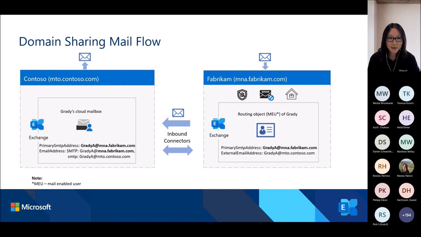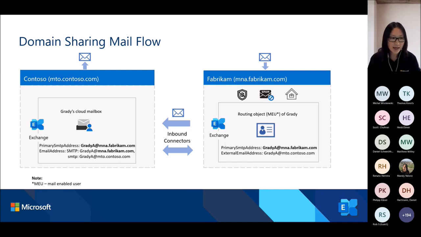When an email is addressed to a shared domain email address, which in this case is grady@mna.fabraham.com, it will first come to Fabraham, and the rules and the security settings, such as quarantine and anti-spam in Fabraham, will be applied to that mail.